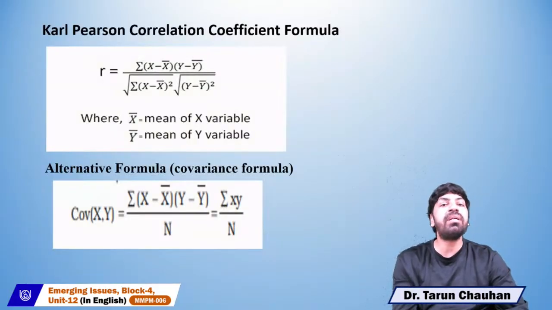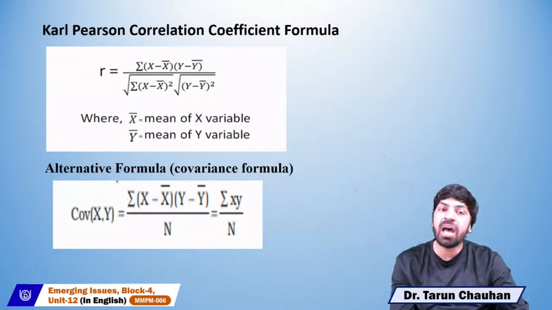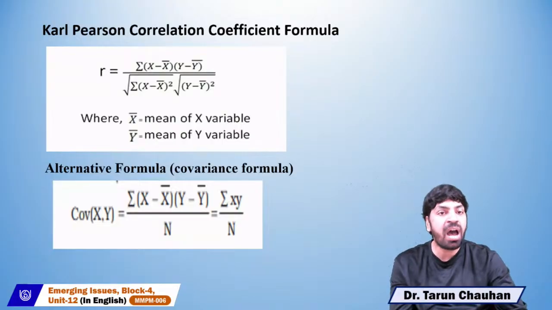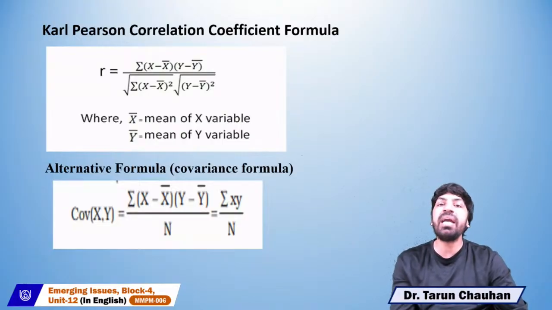This is the Karl Pearson correlation coefficient formula. r is equal to sigma (x minus x bar)(y minus y bar) divided by the square root of sigma (x minus x bar) whole squared, times the square root of sigma (y minus y bar) whole squared. Here x bar is the mean of the x variable and y bar is the mean of the y variable.